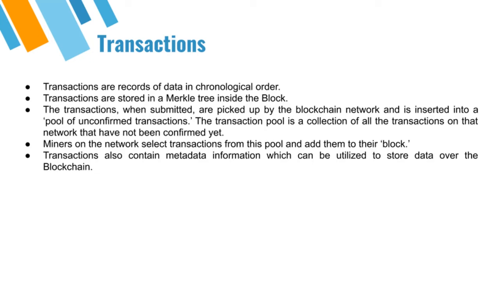This confirmation of the block is then broadcast to every other node inside the network, where they receive the incoming new block, verify the block and the transaction information again, and finally sync the whole blockchain together. So transactions make up a very important concept behind the blockchain.